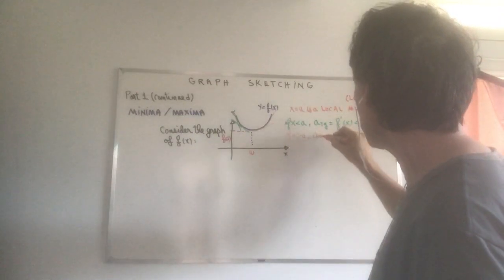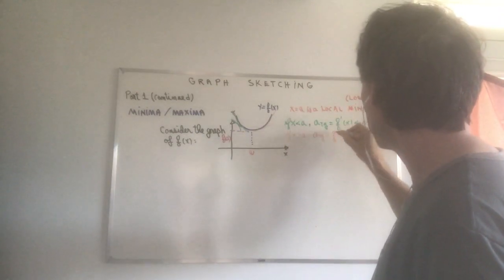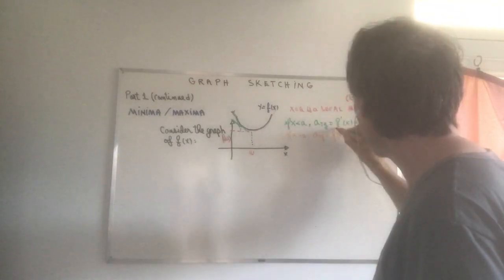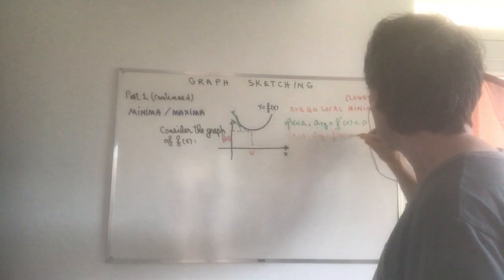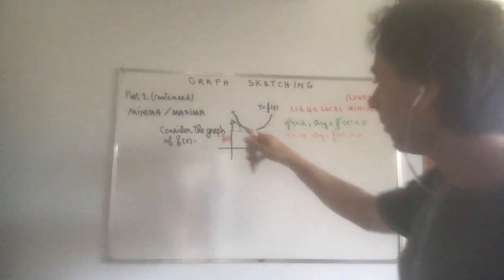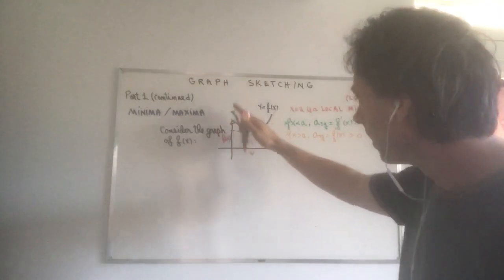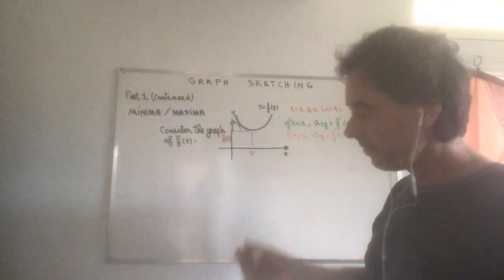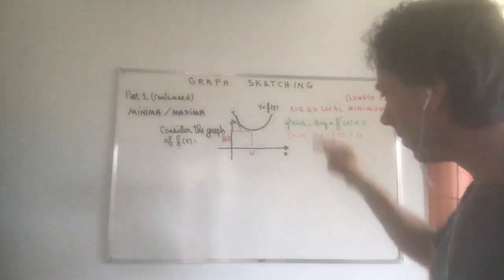So the slope, which again is f prime, this time is positive. So on a curve like this, going from f prime being negative to f prime being positive is very archetypical of what happens at a.